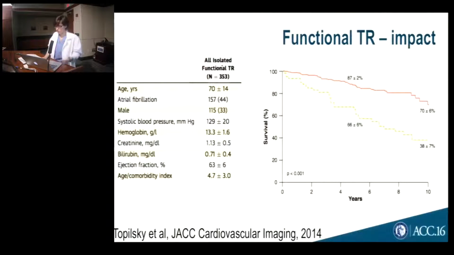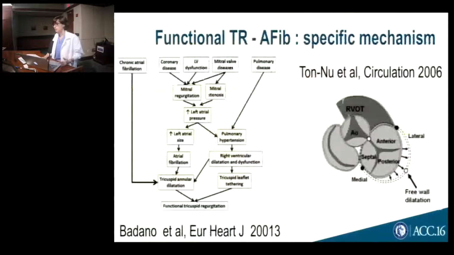And connecting AFib and TR is actually something that has been done for years. We have figured out a specific mechanism by which AFib and functional TR are connected, which involves directly the dilatation of the tricuspid annulus, specifically in its free wall portion, which is the weak point of the whole annulus, being far away from the strongest point, the aortic mitral fibrosa.